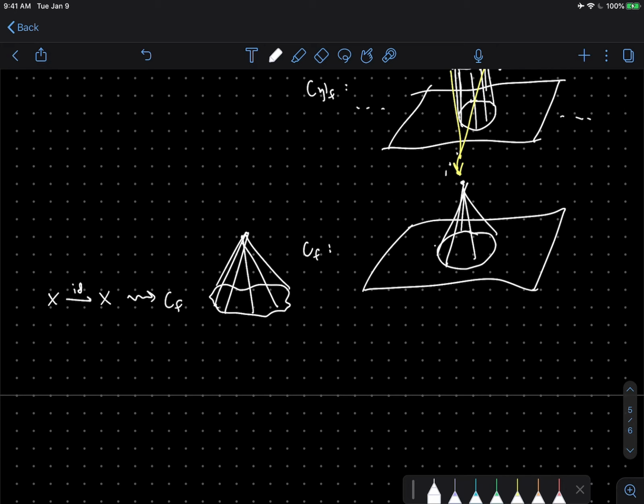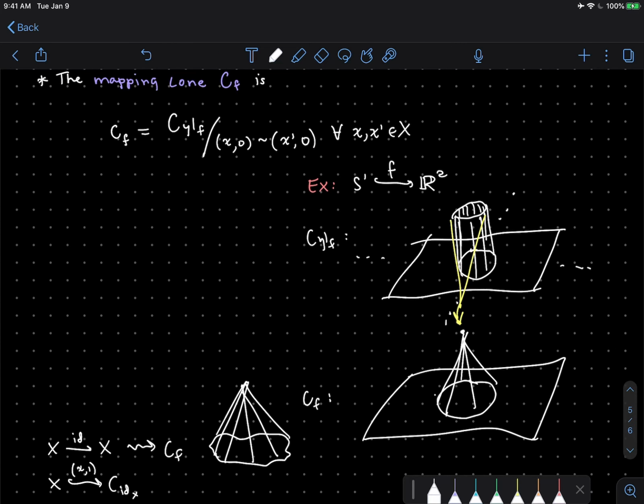Then we can look at the inclusion of X into the cone on the identity of X. And this will be the map called x, 1.